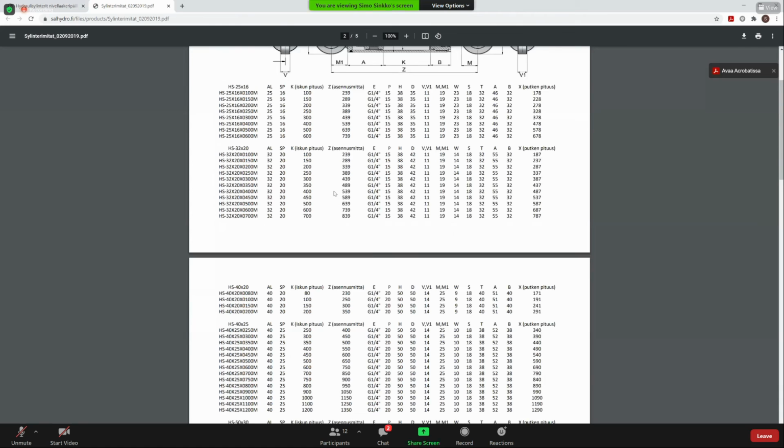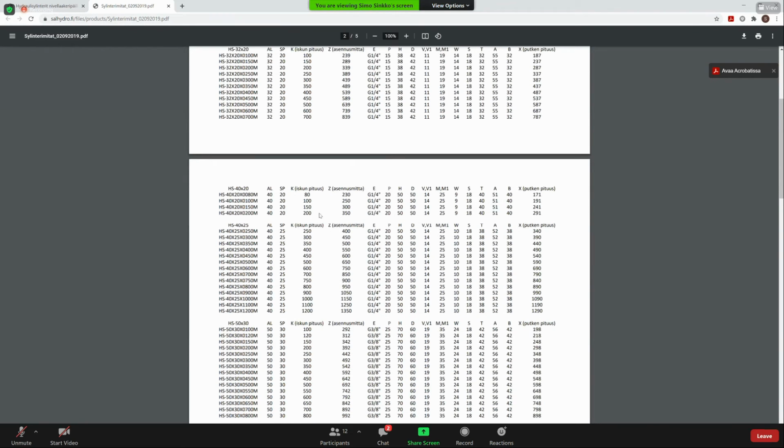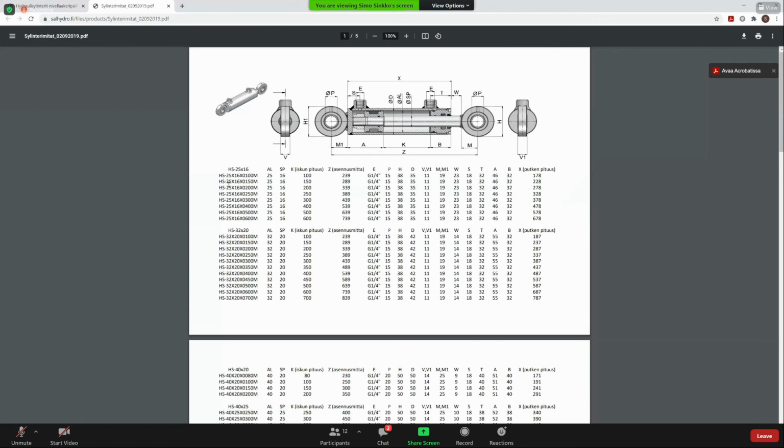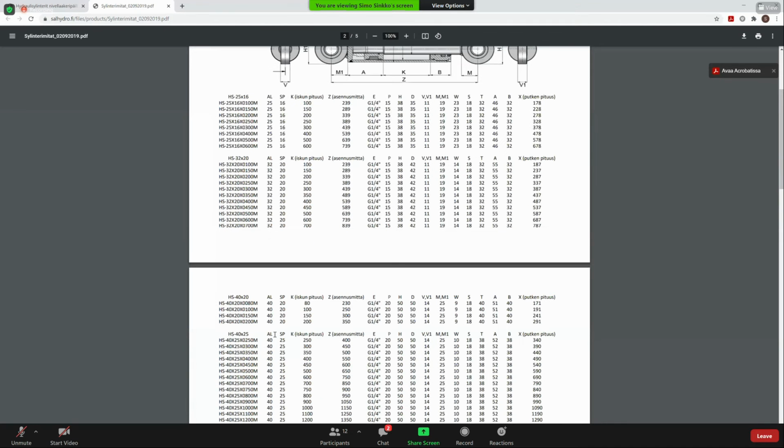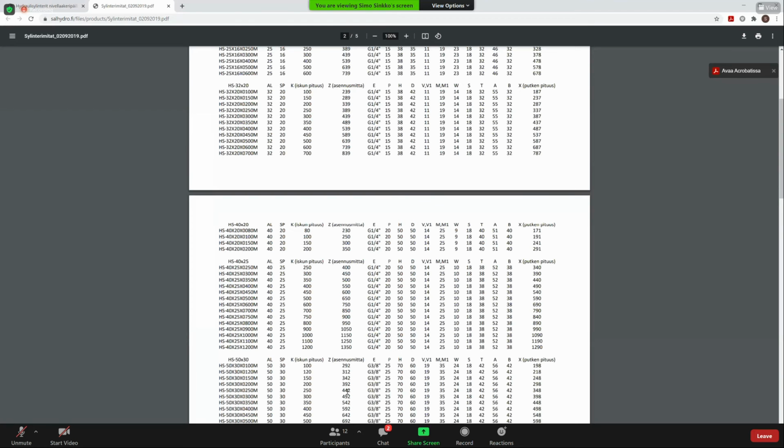And most likely you will need a little bit bigger cylinder because the amount of force what you need is not so small, which means that this cylinder that I used as an example, this 25 millimeter diameter is not enough, but you will need something like 40 or 50. So it's this part of the table that you need to study.